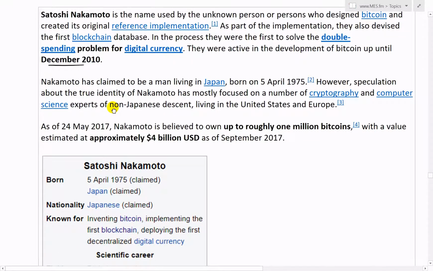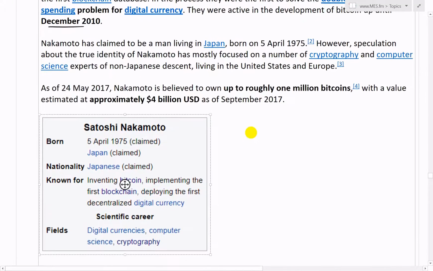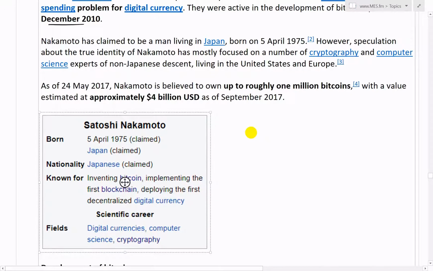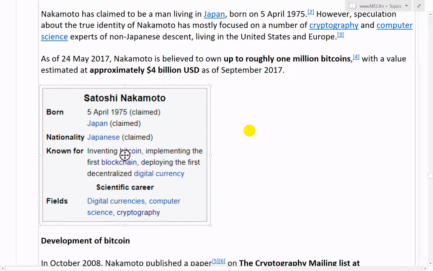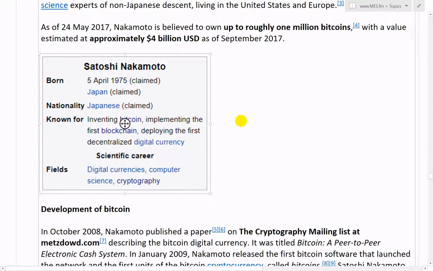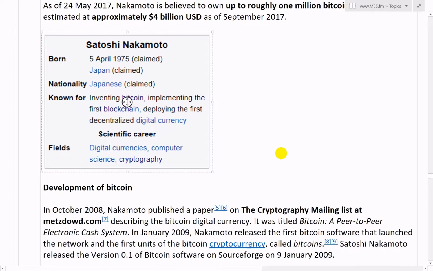Nakamoto has claimed to be a man living in Japan, born on April 5th, 1975. However, speculation about the true identity of Nakamoto has mostly focused on a number of cryptography and computer science experts of non-Japanese descent living in the United States and Europe. As of May 24, 2017, Nakamoto is believed to own up to roughly 1 million bitcoins, with a value estimated at approximately $4 billion USD as of September 2017.